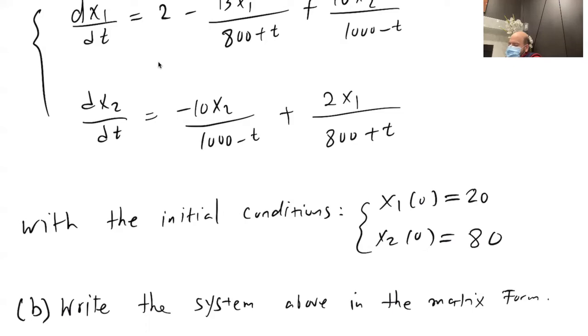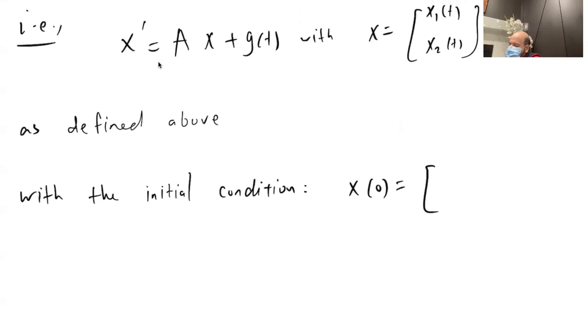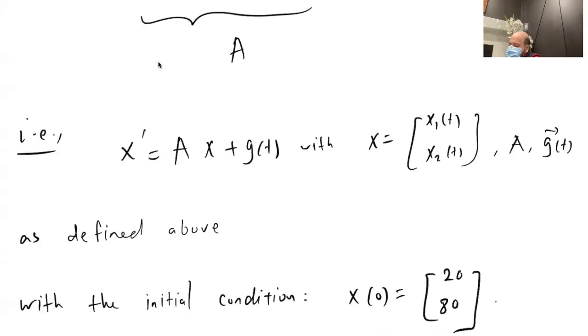So instead of x1 of 0 equals 20 and x2 of 0 equals 80, I can say x of 0 as a vector will be equal to the vector 20 and 80. Now this is for part B. We wrote it in the matrix form.